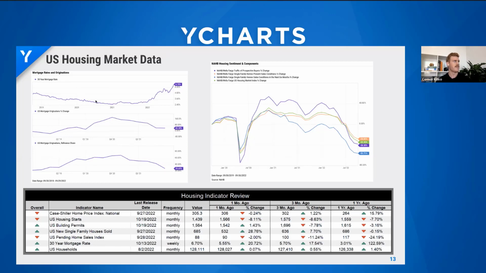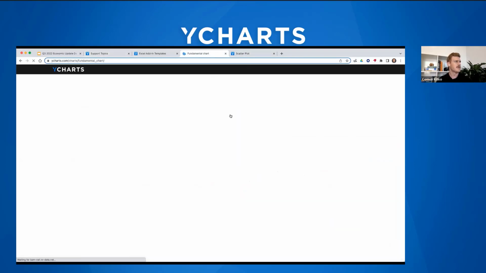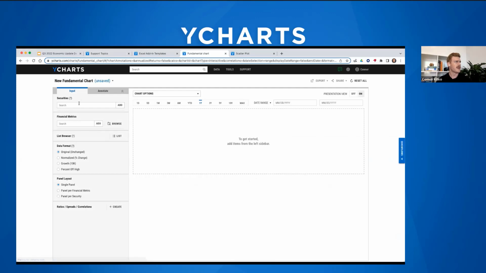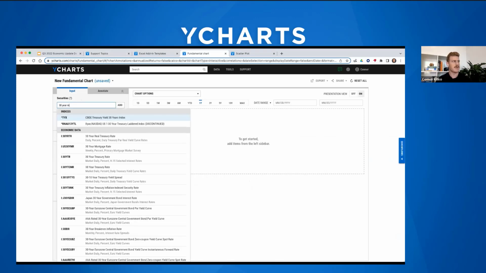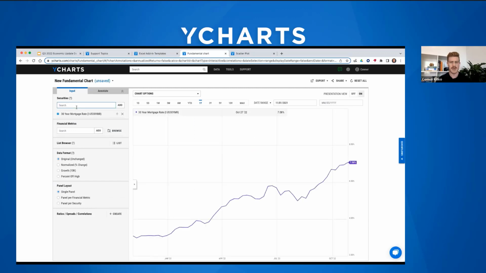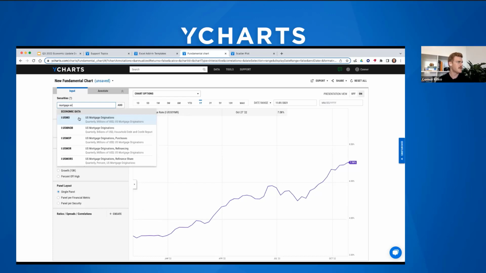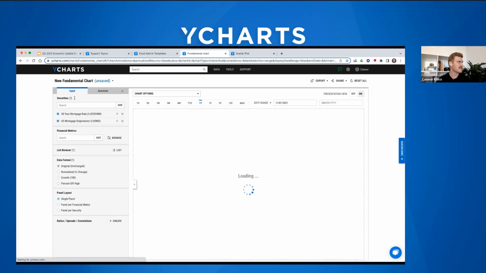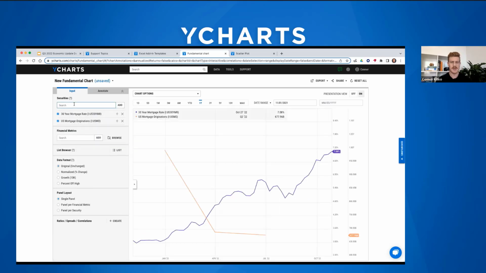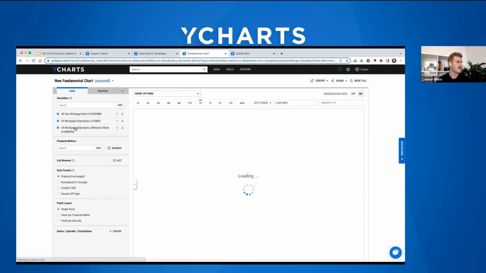So let's back out of here, and I'm going to go into our charting tool. I'll bring up the 30-year mortgage rate. Love the type to search on everything. We'll bring up US mortgage originations, and then US mortgage refinancing share.